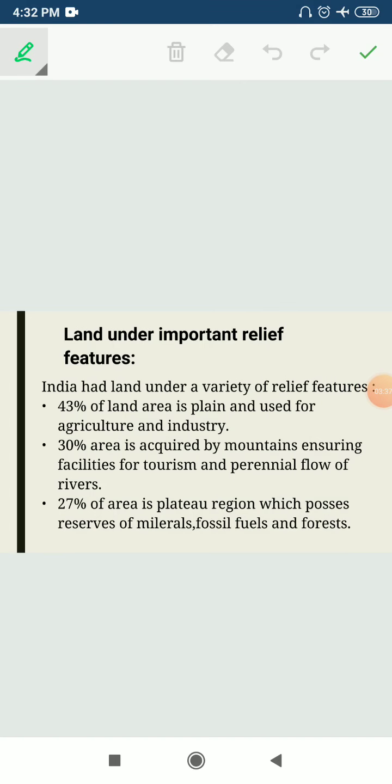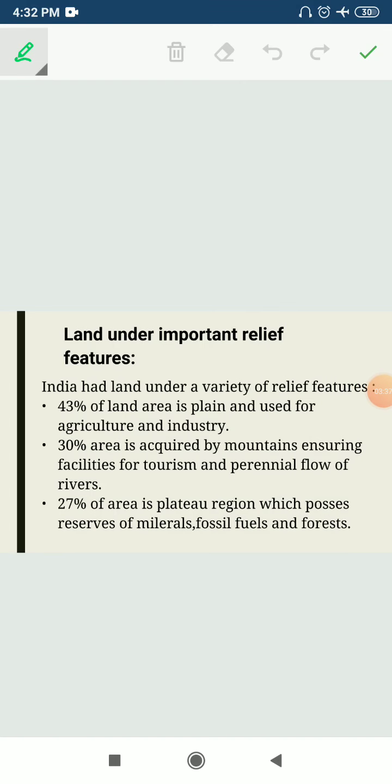Perennial rivers are such rivers which depend upon the rainfall and the ice melting from the mountains for the flow of water, and mountains ensure the perennial flow of such rivers. The last is 27% of area is plateau region, which possesses the reserves of minerals, fossil fuels and forests.